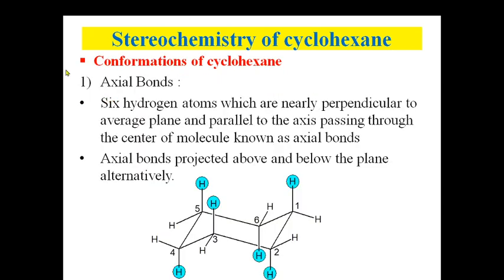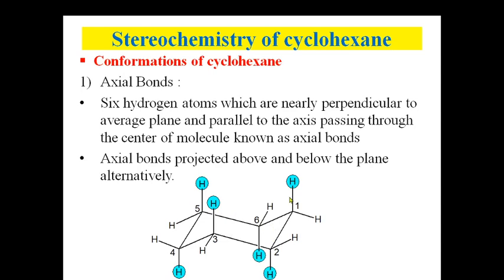First we will see the axial bonds. See these circled hydrogens I have shown here: 1, 2, 3, 4, 5 and 6. These 6 hydrogen atoms are nearly perpendicular to the average plane. Not exactly, but nearly perpendicular to the average plane.